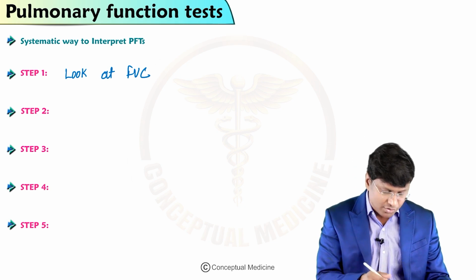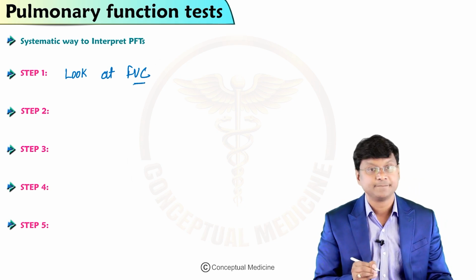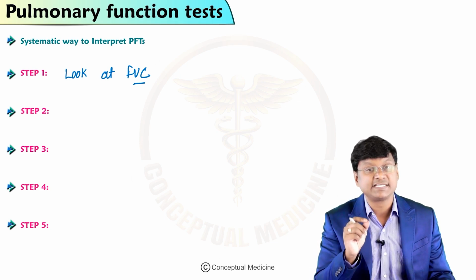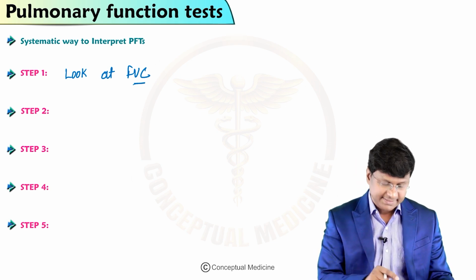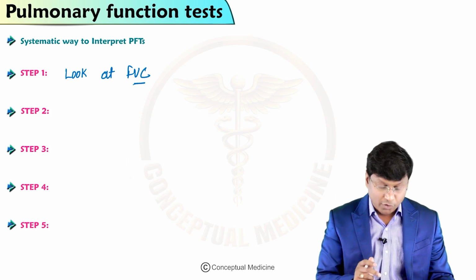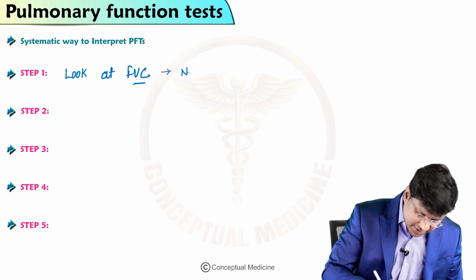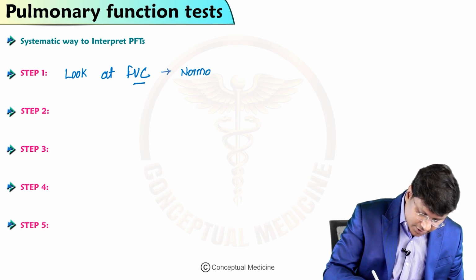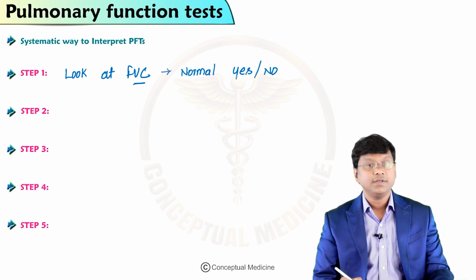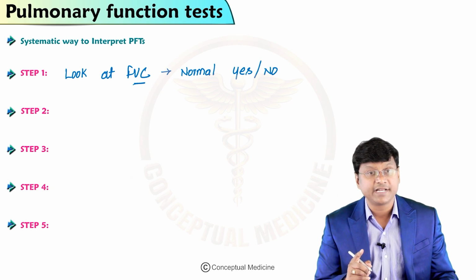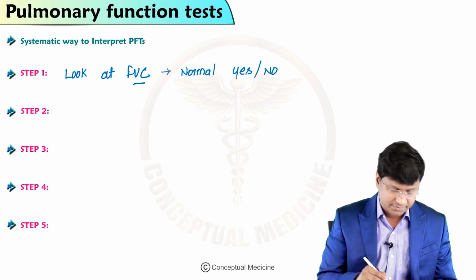It is the determination of the vital capacity from a maximally forced expiratory effort. That is what is called forced vital capacity. And you have to check whether it is within the normal limit or not, right? Yes or no.